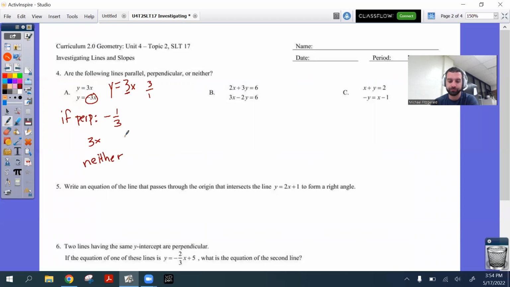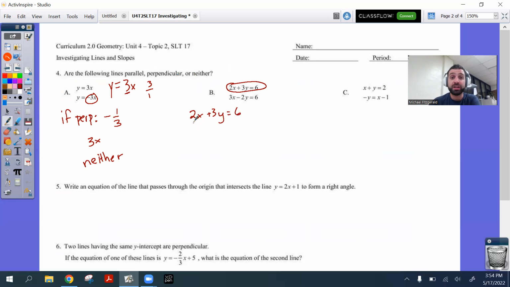Okay, the next one. We are asked about these two lines, but we need to do some work before we can get them into a y equals scenario. This one here. Dang, this pen's breaking on me. We have 2x plus 3y is equal to 6.